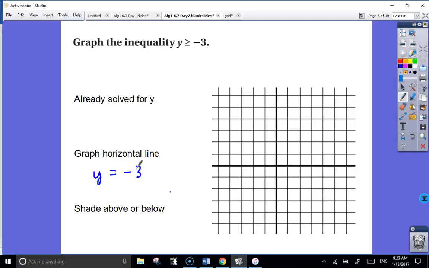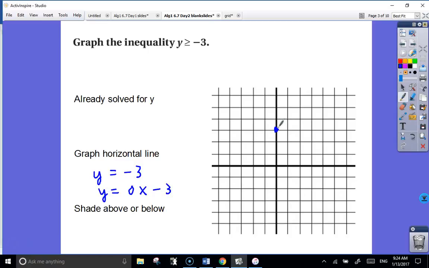The y-coordinate is the up and down coordinate, but y equals a constant means the y-coordinate doesn't change. So you're always at the same y level, right? So we're going to graph a horizontal line. Y equals -3. Where do I go for that? Down 3, right? I mean, literally what that means is y equals 0x minus 3.